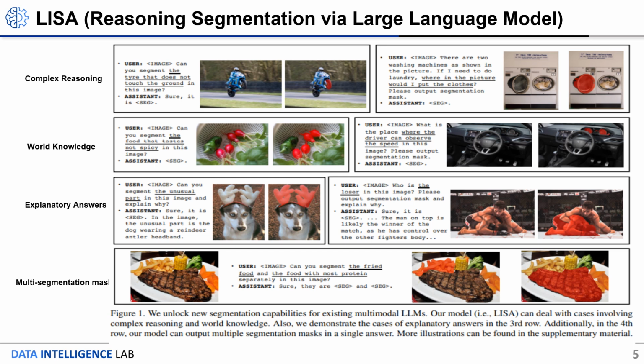So this example really highlights LISA's strength. It successfully tackles queries involving complex reasoning, world knowledge, object functions, and contextual understanding. It can also provide explanatory answers and handle multiple segmentation requests simultaneously.